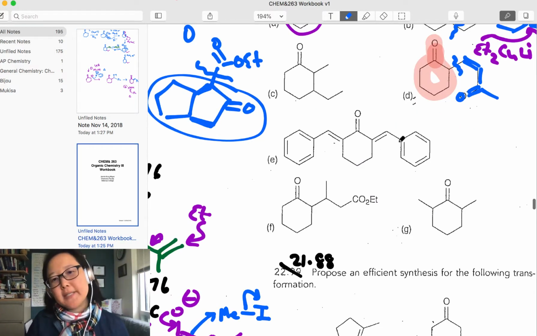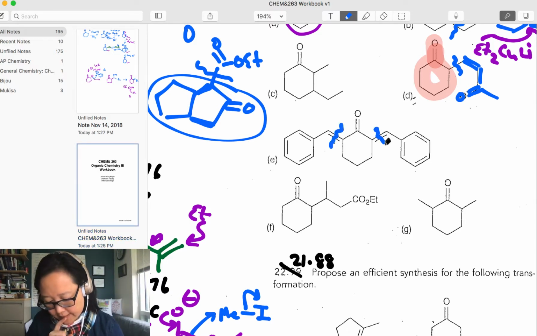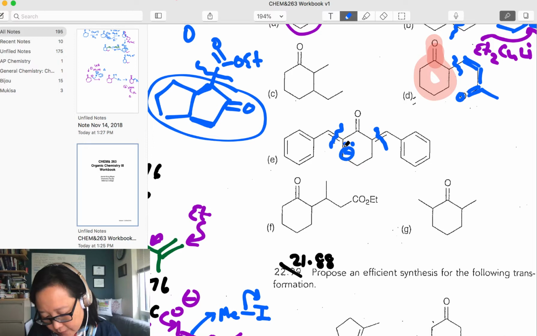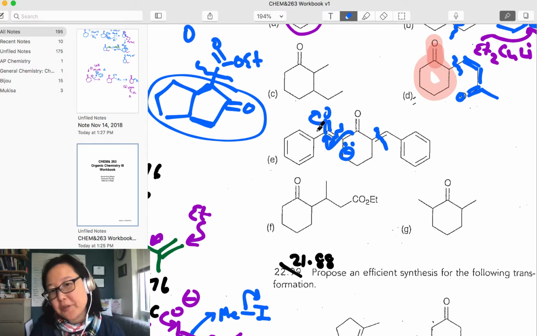The next one to me looks like an aldol. I'll tell you why. We have these alpha beta unsaturated bonds, and you see how this is probably an enolate that at one point attacked here. This became an OH group, and the OH group got lost in a condensation. And then we repeated it for the other side.